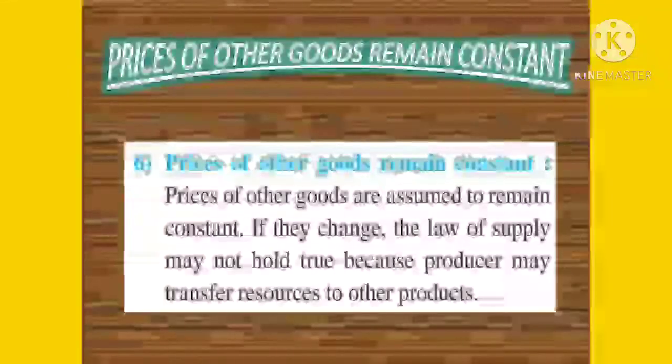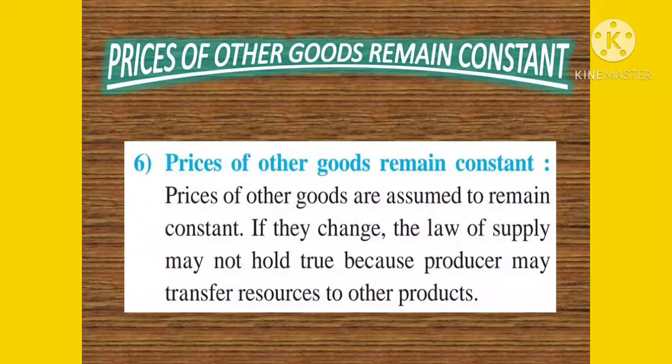Sixth, prices of other goods remain constant. Prices of other goods are assumed to remain constant. If they change, the law of supply may not hold true because producer may transfer resources to other products.